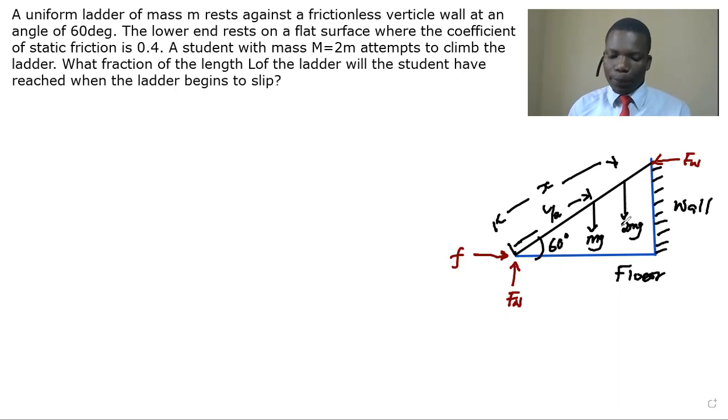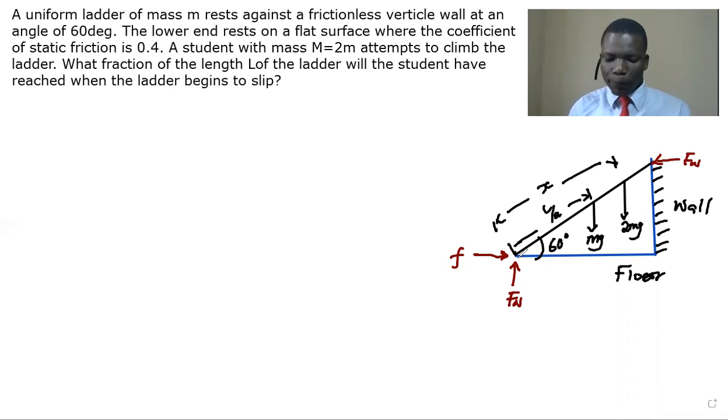And we also have the student that has climbed a distance we don't know, which I've labeled x, with mass 2m. The weight of this student is 2mg. So we also have to identify the forces on this system.